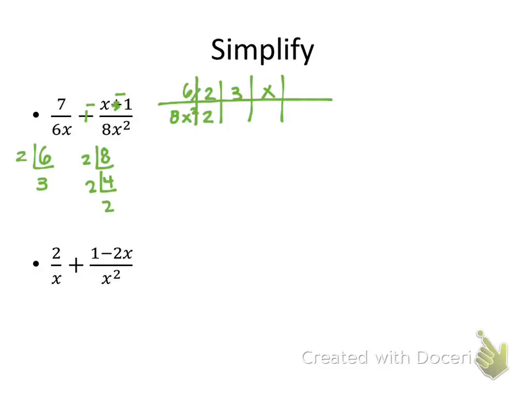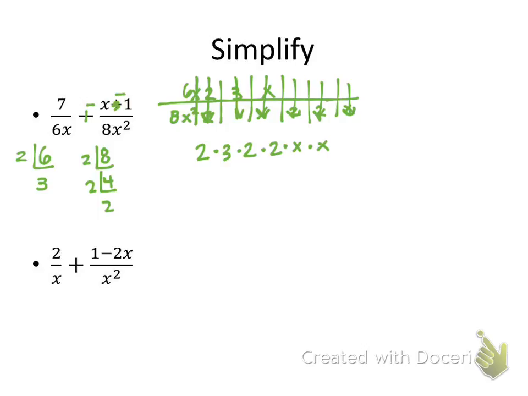And this is supposed to be 6x also. Then 2 gets its own box, 2 gets its own box. Then x and x. So I'm going to bring down everything, I'm sorry, everything total. So 2 times 3 times 2 times 2 times x times x.